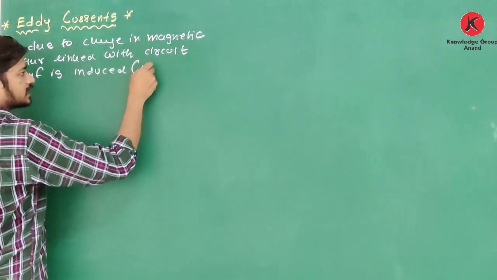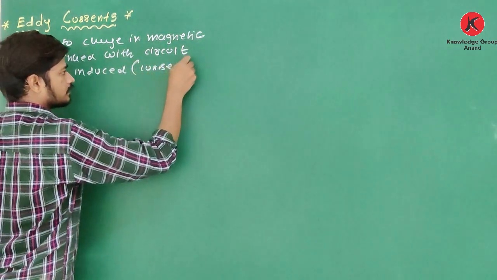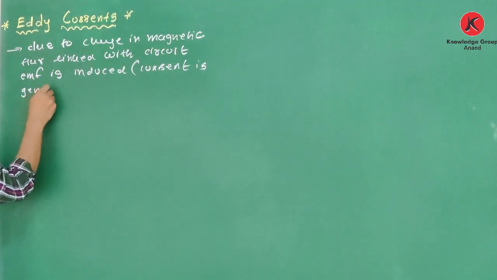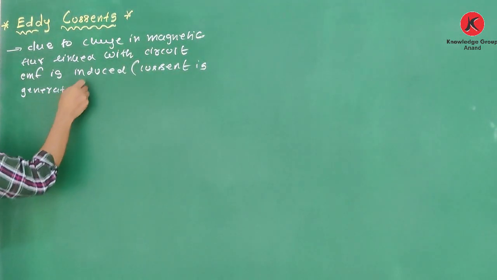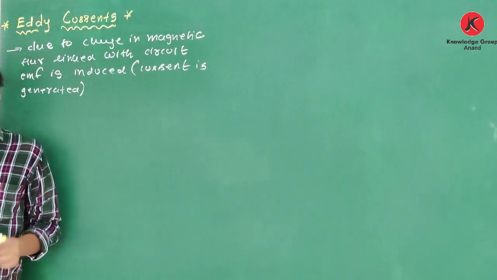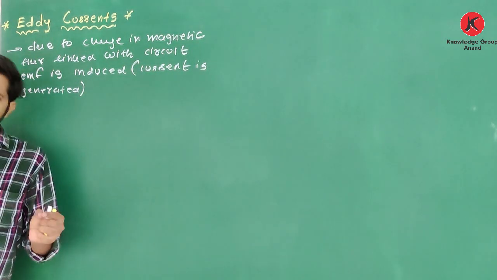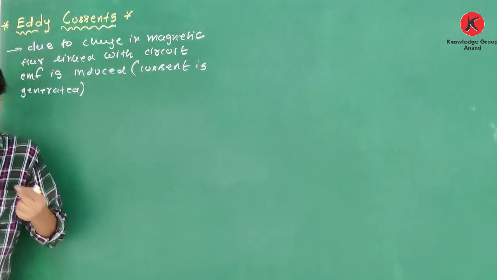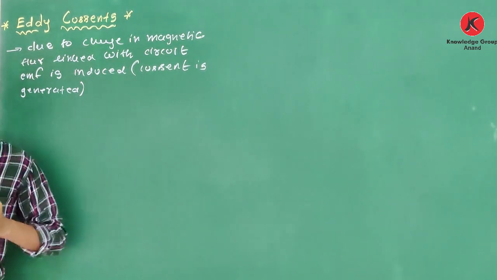So yes, we can say current is generated. With the help of Faraday's law, we can find the magnitude of EMF and current. With the help of Lenz's law, we can find the direction of EMF and current.